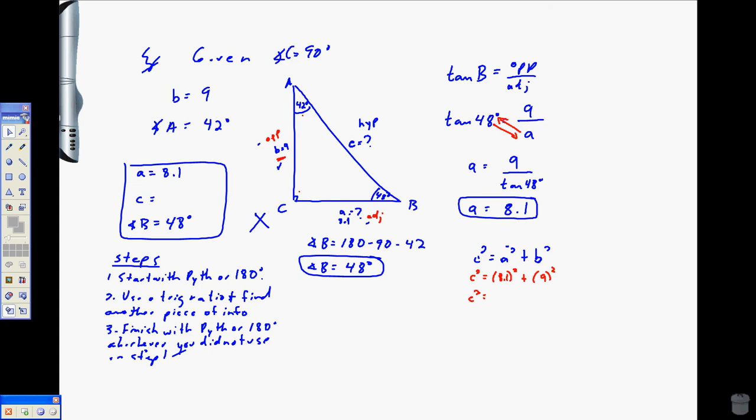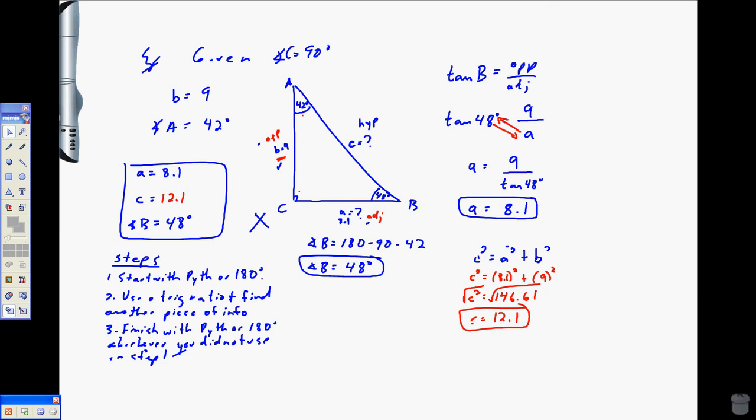Plus 9 squared is 81. So that equals 146.61. I square root that now, and I should get side C equals 12.1. And it should always be your longest side. If you don't get that to be your longest side, you've done something wrong. So side C we get to be 12.1. Okay?